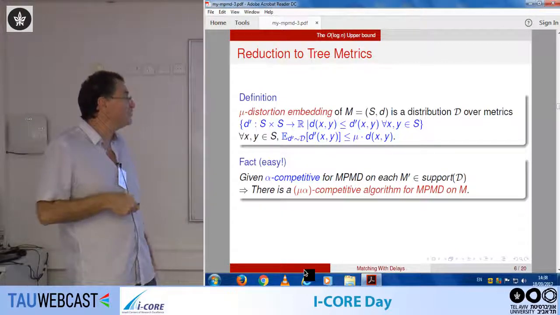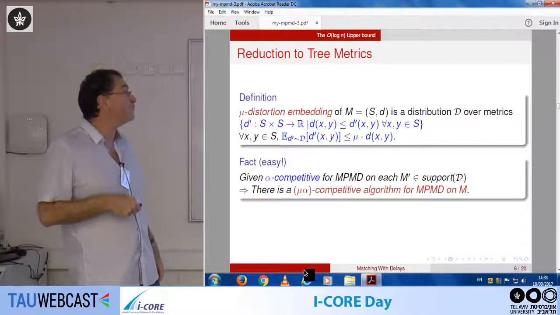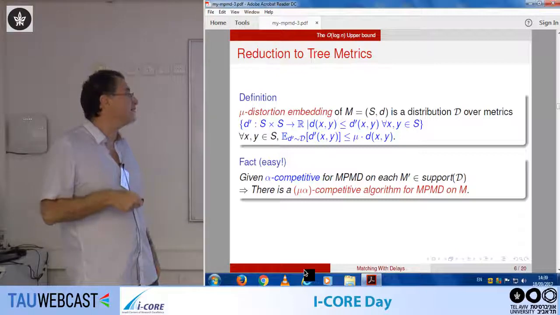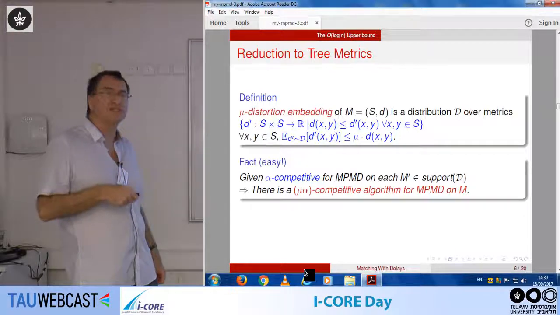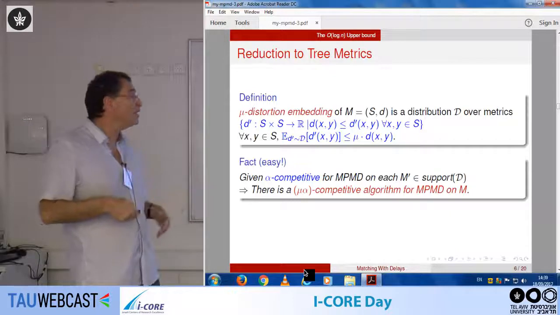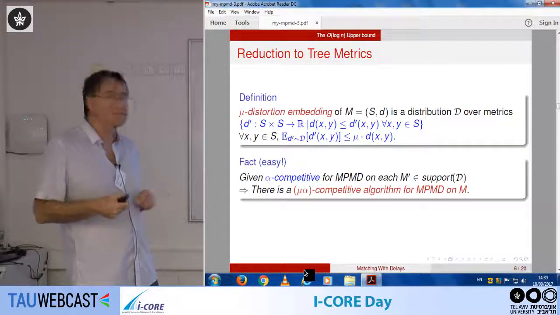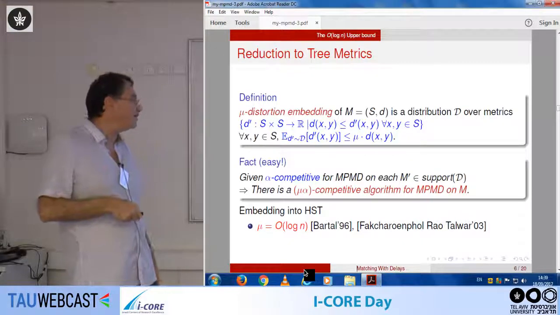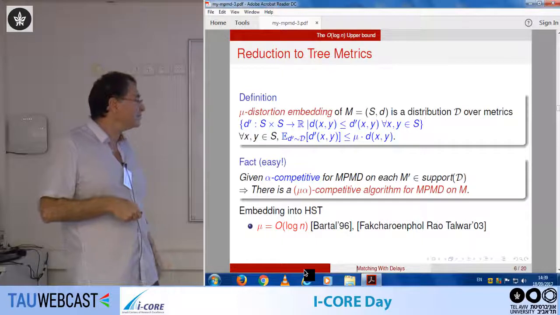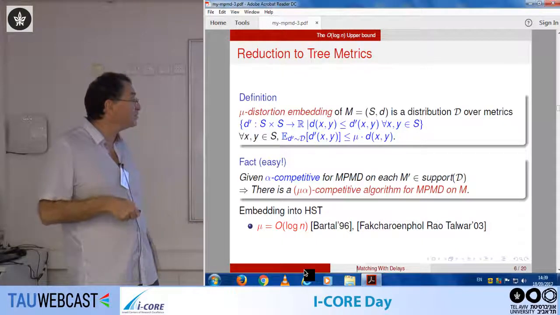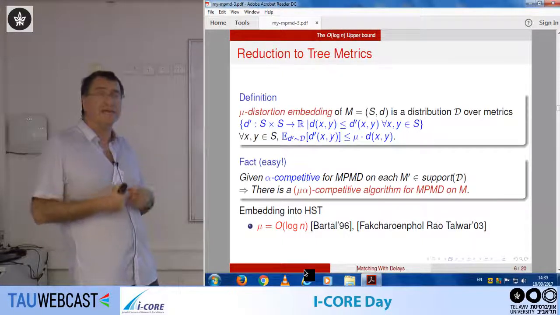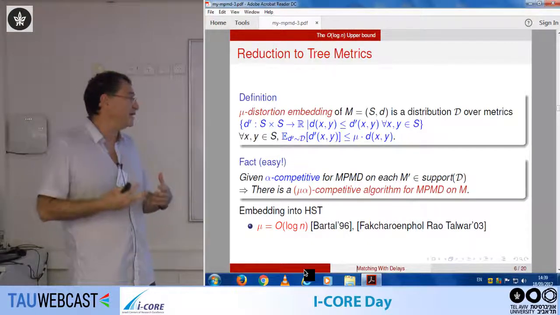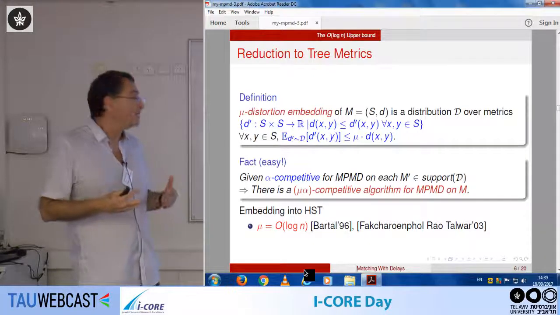And there is an almost trivial fact that if you have an embedding in which the distortion is mu, and you can get alpha competitive on the metric space which you embedded into, then you lose only a mu factor, which is the distortion. And a well-known result of FRT, a previous result of Yair Bartal, shows that if you are ready to lose the log n in the distortion, then it's enough. You can embed it into what's called an HST.